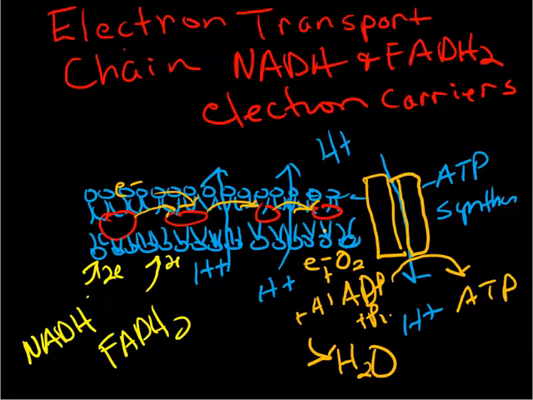In other words, we need something to accept the electrons at the end of this transport chain. We can't just leave them there. And so that's where we're using oxygen for our cellular respiration to accept the electrons, and that'll be a waste product, water. Just like it was a reactant for photosynthesis, it has to be a product for cellular respiration.